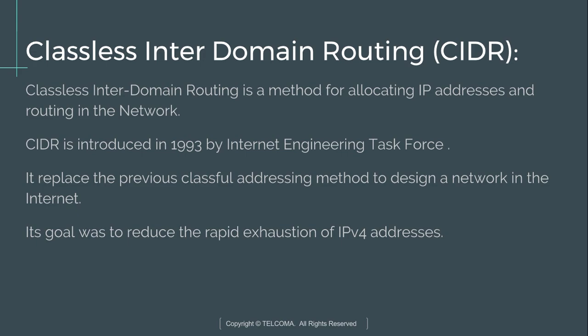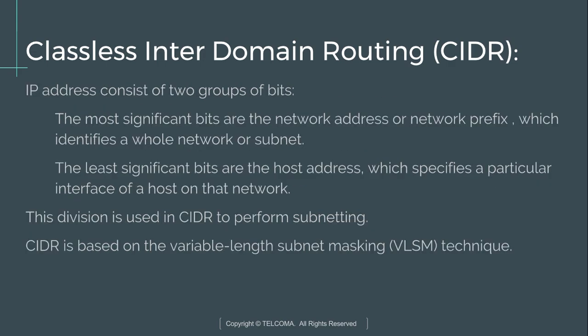CIDR was introduced in 1993 by the Internet Engineering Task Force, and its goal was to reduce the rapid exhaustion of IPv4 addresses. IP addresses consist of two groups of bits, the most significant bits and the least significant bits.